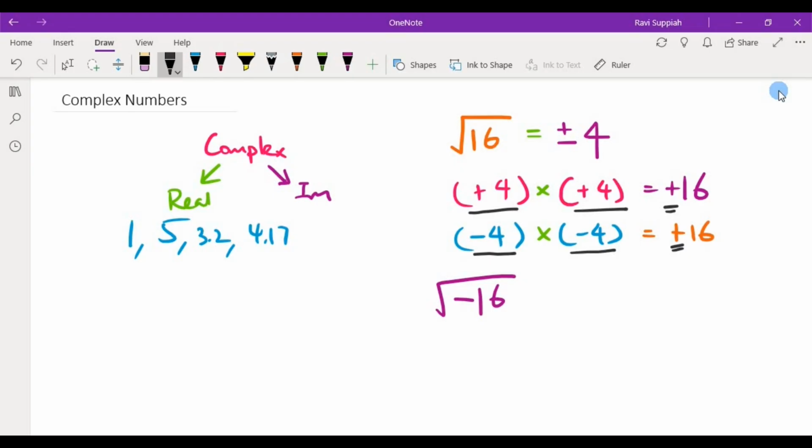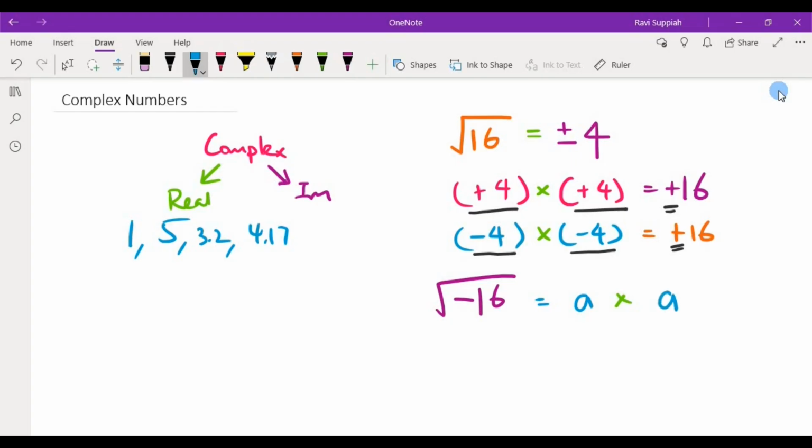But if I were to square root a negative number, I am trying to get two numbers, maybe a multiplied by a, two numbers that have to be the same, where the result is negative.